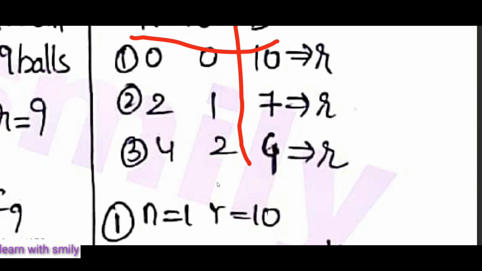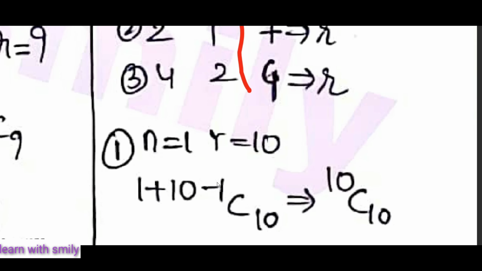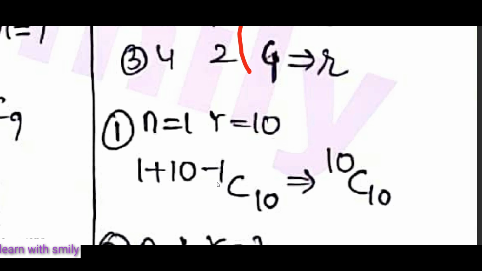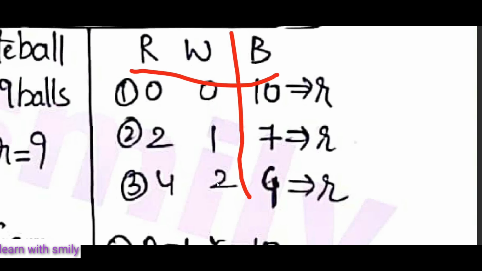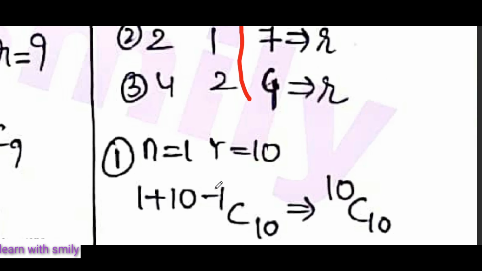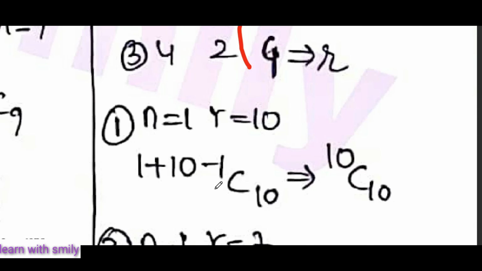Coming to the first problem, they said n equals 1, r equals 10, because n has been given as 1 only, as there is only one kind of color, that is blue. So we are taking n equals 1 and r is all the 10 balls that we need.